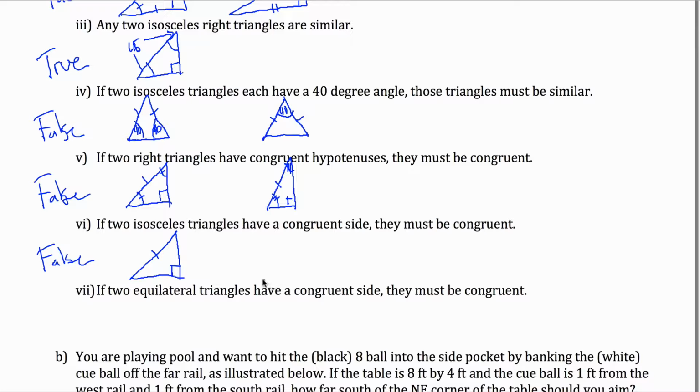And then here is an isosceles triangle, and maybe this side length right here is the same as this one here. So they have a congruent side, but they're clearly not congruent because this one has a right angle and this one does not. If you really want, I can label it like this, and we can see just by inspection that this is not a right angle. So therefore it's not congruent to this one.